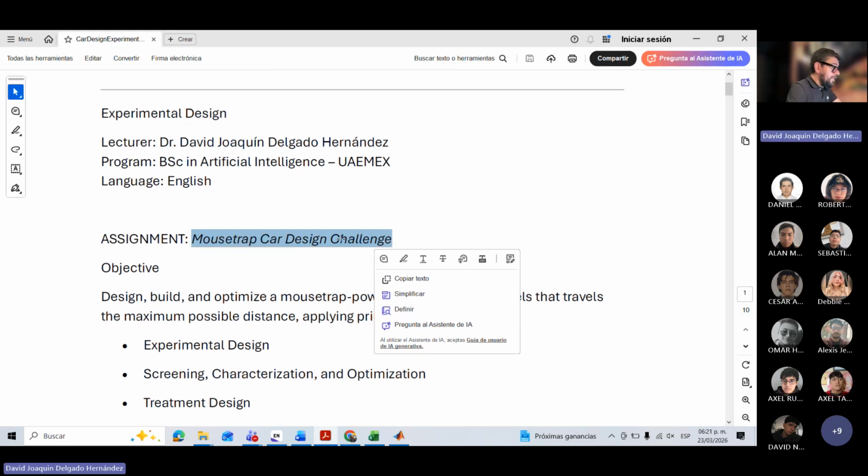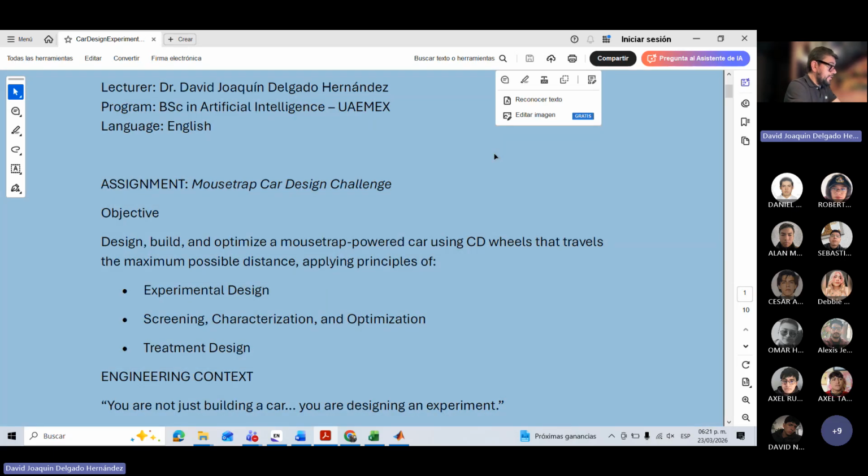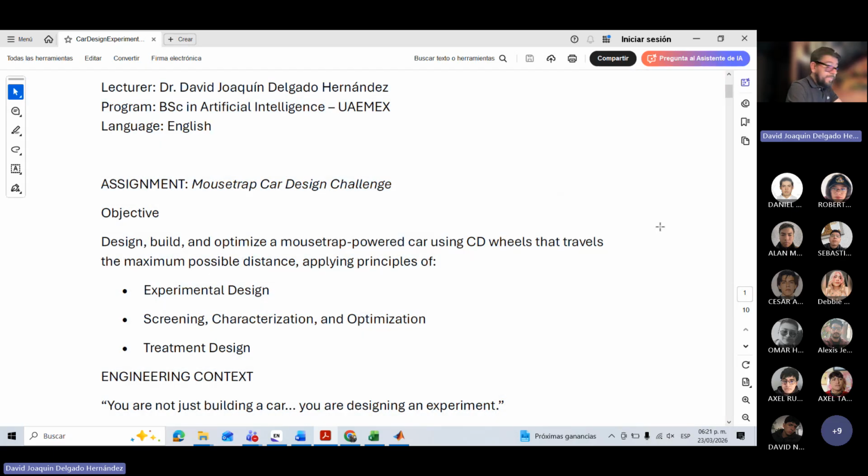The objective of this challenge is you have to design, build, and optimize a mousetrap powered car using CD wheels that travels the maximum possible distance, applying principles of experimental design, screening, characterization, and optimization, and treatment design.